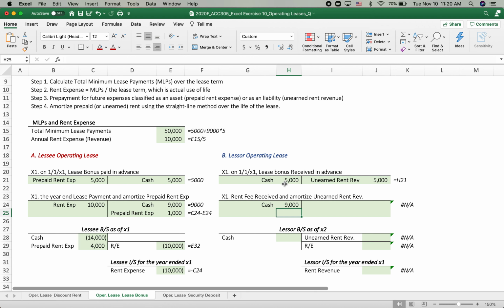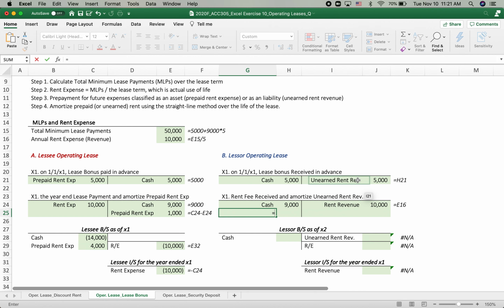Not $5,000 in total, but distributed by the term, so $1,000 each year. So cash and then rent revenue. How much can the company recognize? Now the rent revenue is $10,000 because they delivered the service. Now they earned the revenue. So $10,000 is recorded on the credit, and then finally they should reduce this liability.